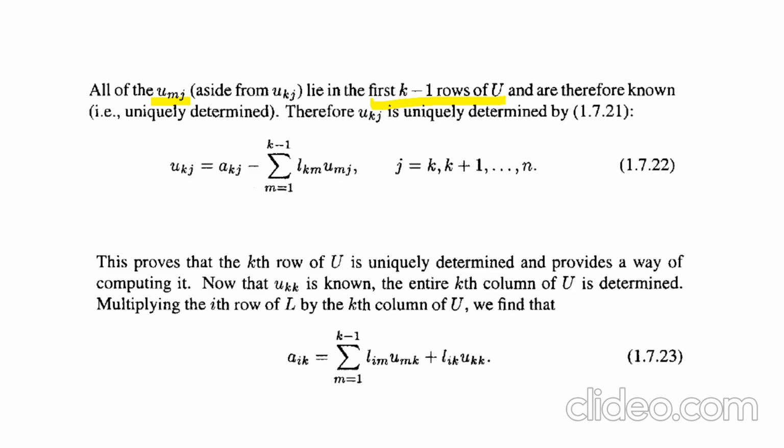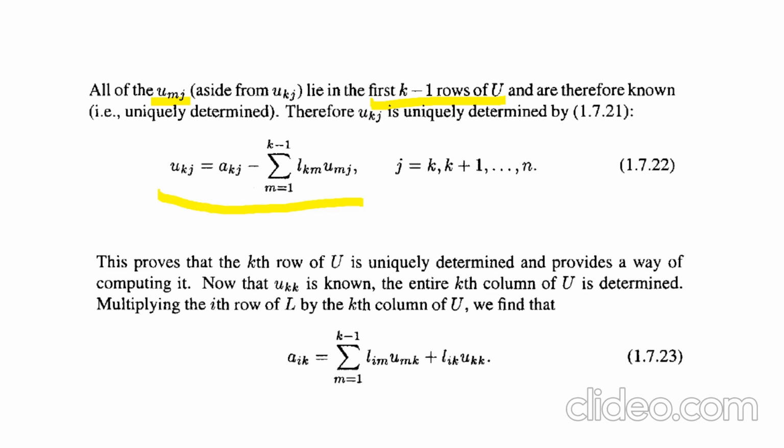Therefore, UKJ is uniquely determined by the last relation. With the help of the last relation, you can find UKJ. This proves that the kth row of U is uniquely determined and provides a way of computing it.